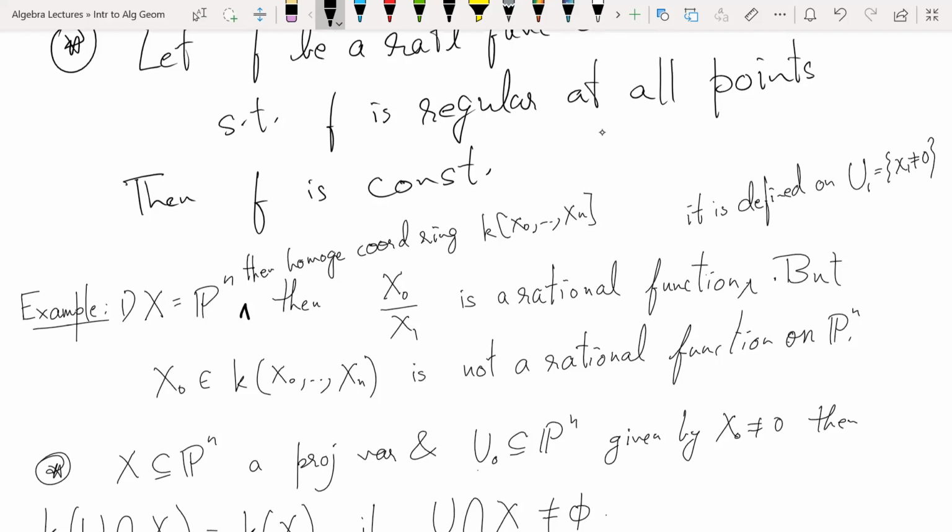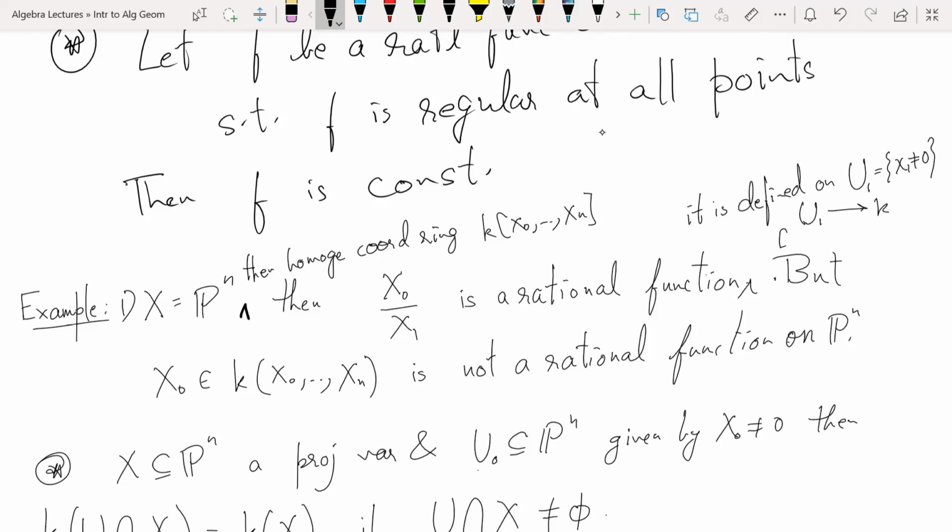So x0 over x1 does define a map from U1 to k. How does the map go?